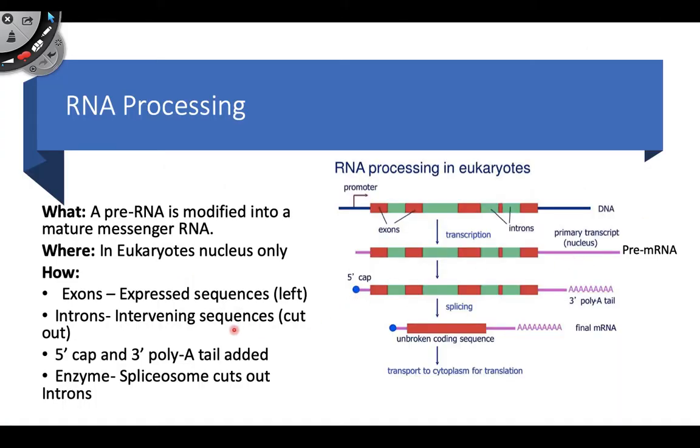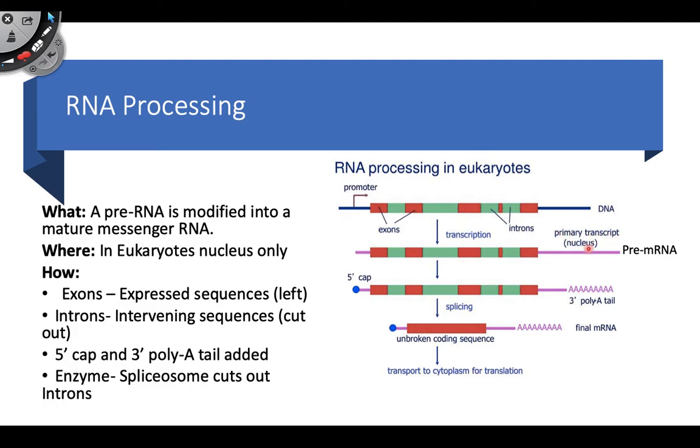All right, so what is RNA processing? So when mRNA is made inside the nucleus, it's not really ready to leave. So RNA processing needs to happen before RNA is ready to leave. So when RNA is made by transcription from DNA, it is called a pre-mRNA strand or a primary transcript.